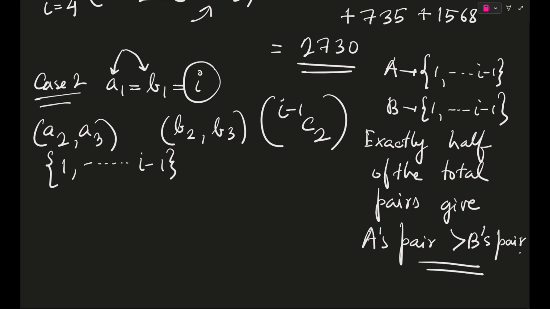For exactly half of the total pairs, A's pair will be greater than B's pair. So basically the contribution, if you want to total it, will be I minus 1 C2 for selecting these pairs, and for selecting these pairs, I minus 1 C2 minus 1.